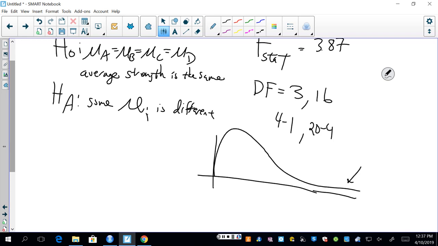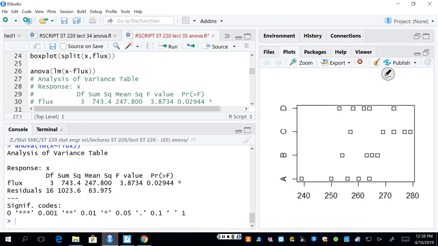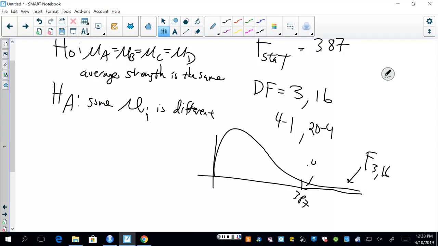This is the F distribution with 3 and 16, and we get this value out here, 3.87. And the probability we're bigger than that is that p-value. So we're getting closer. Right, so this tail area out here, according to the output, is 0.029.